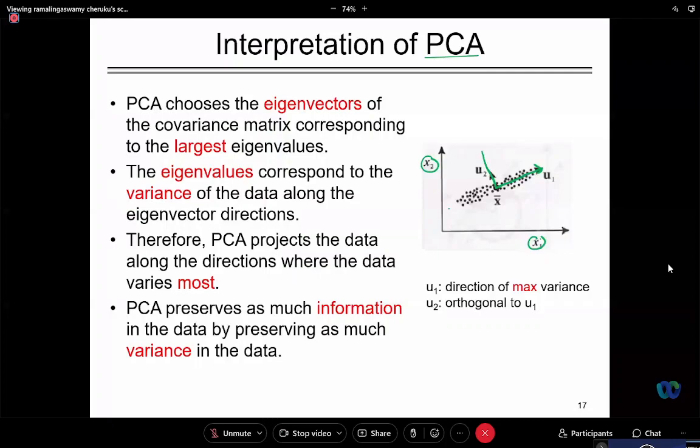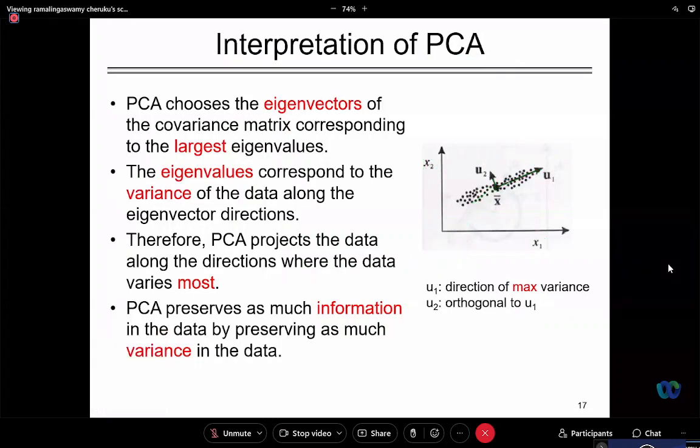Here 0, 0 is called the origin. Now I moved the origin from here to here. We have shifted the origin and rotated the basis axes by some degree. Why are we doing so? We have to align these with my principal components.